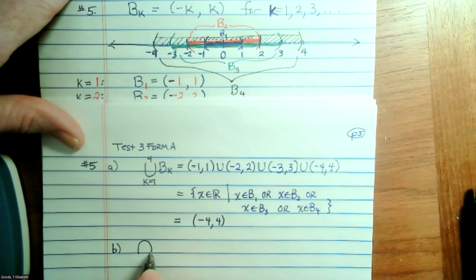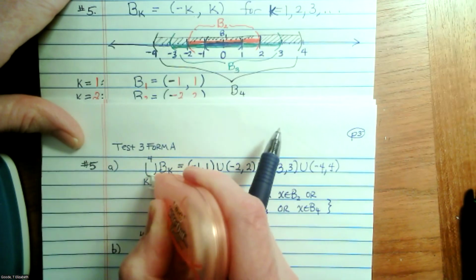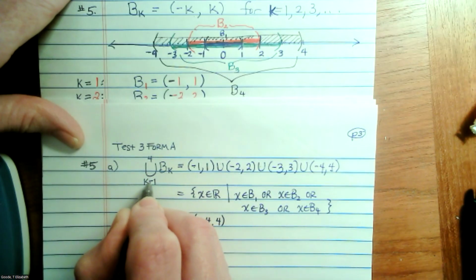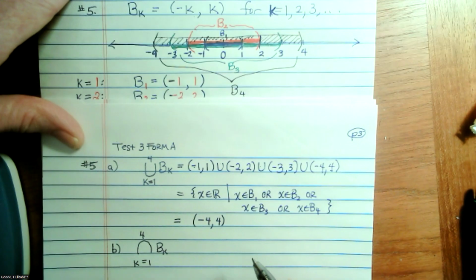Now, what about the intersection from k equals 1 to 4 of the B sub k? The intersection operator is our AND operator. We want reals that are in all of these.